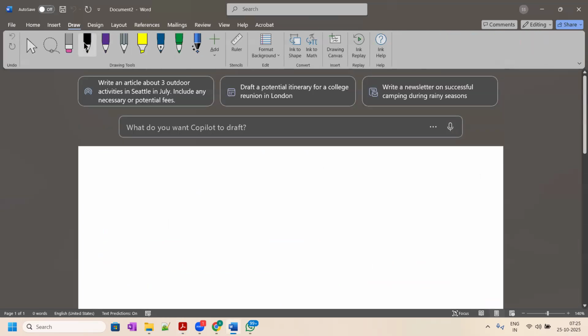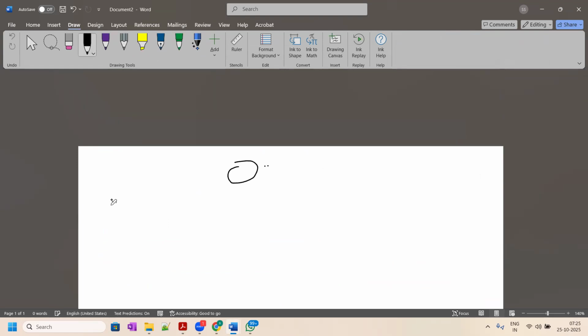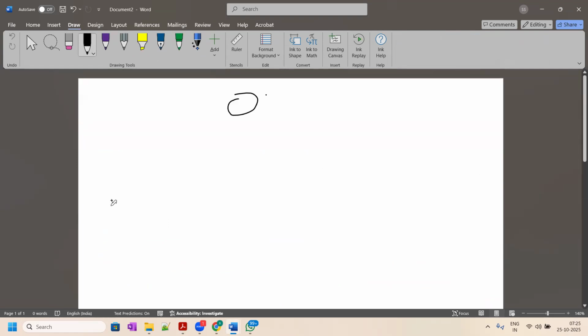So basically, what we have discussed is operation management. Okay, so what is operation management? It is all about converting your raw material into finished goods.